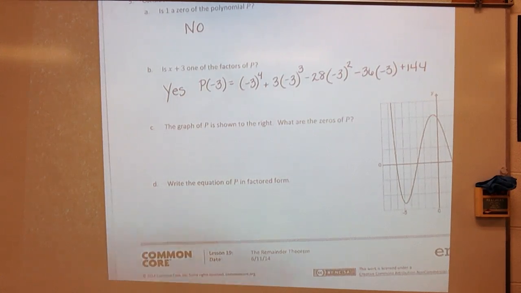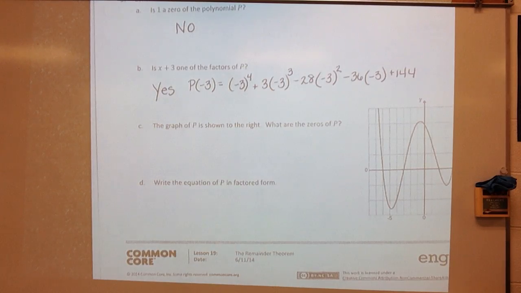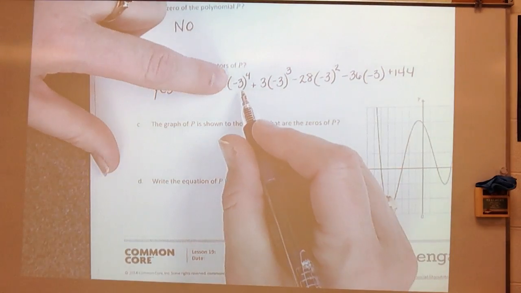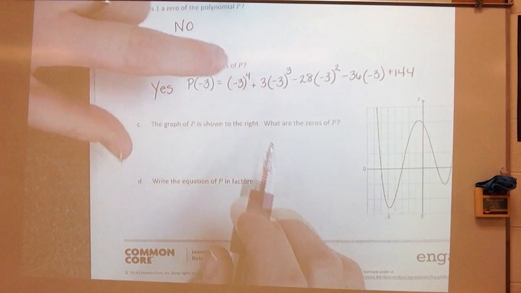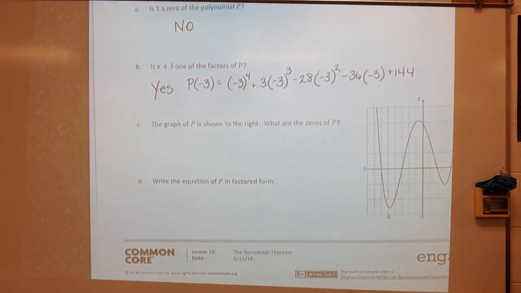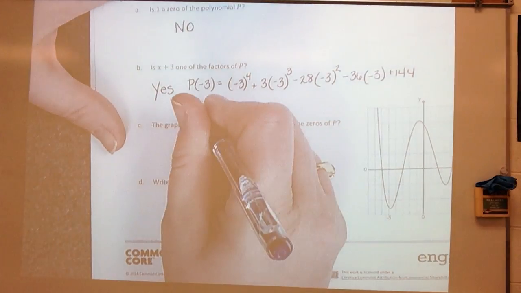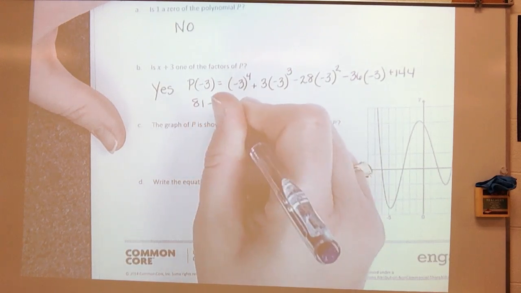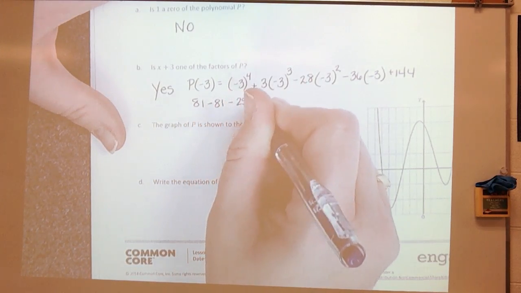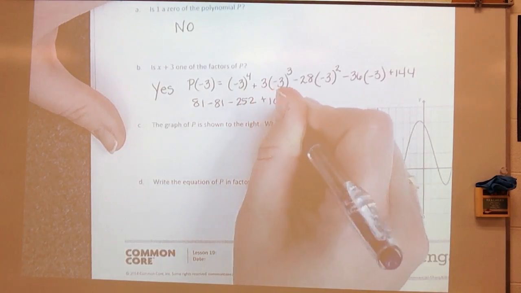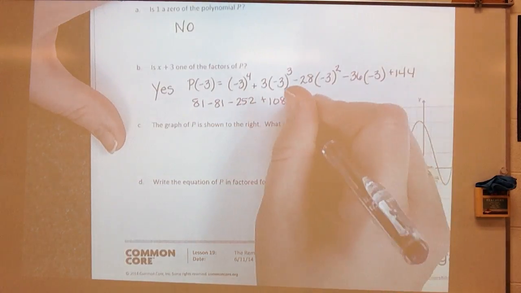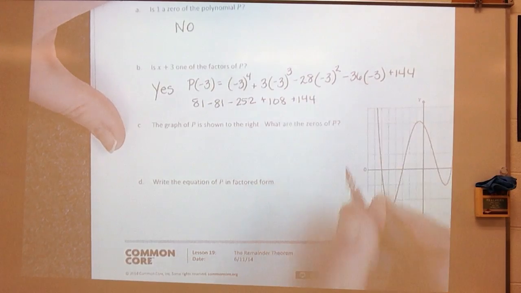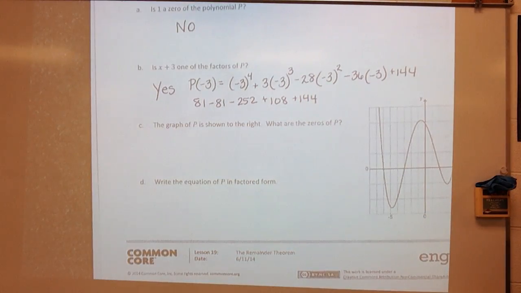Now, if I work all of this out, then I get negative 3 times 3. 3 times 3 is 9, times 3 is 27, times 3 is 81. So I get 81 minus 81 minus 252 plus 108 plus 144. That should all equal 0.